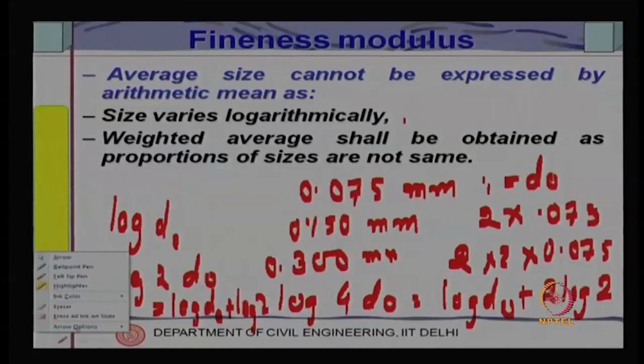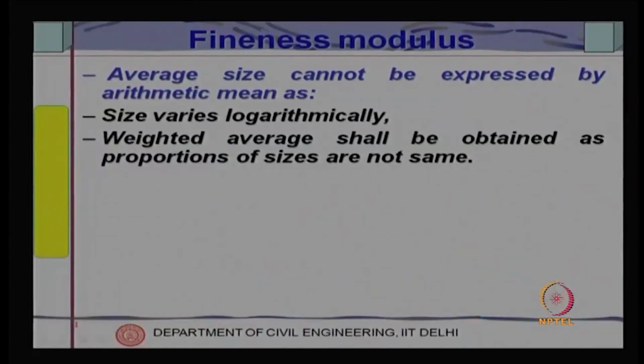So, when we talk of average size, we do not talk of average particle size, but of average sieve number, and fineness modulus actually represents the average sieve number.